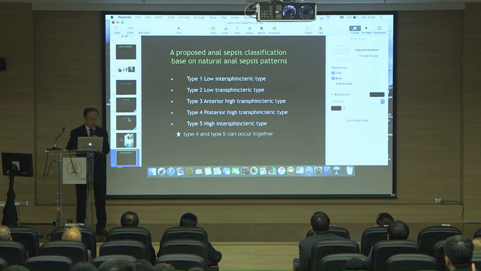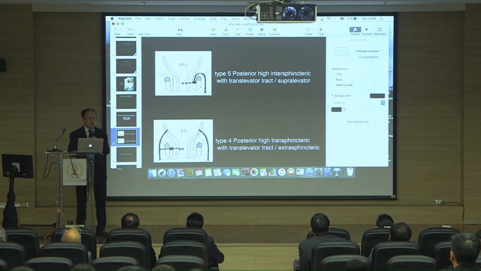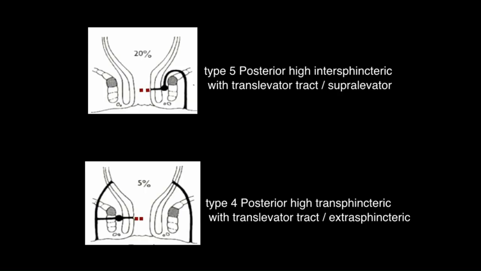Thank you for the comment on this aspect. This is what is iatrogenic. I can report it like this: it's a type 5 posterior high intersphincteric. Why do we report like this? If we report like this, the treatment will focus on the extra and the primary tract at the same time.